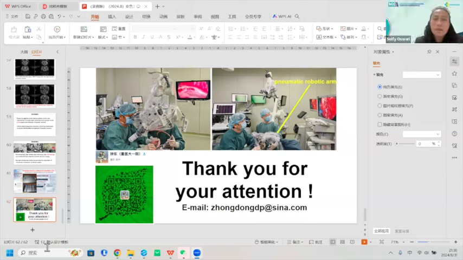I know the company will combine the rigid variable view and the soft flexible endoscope, but in the future, I think the flexible endoscope will be more useful.